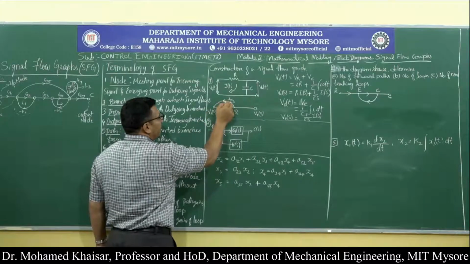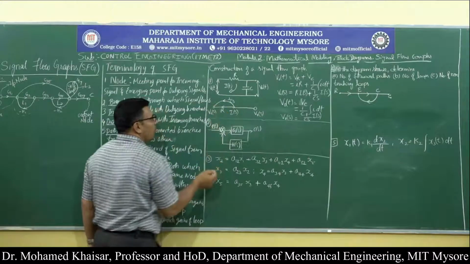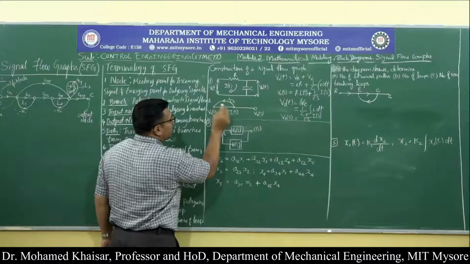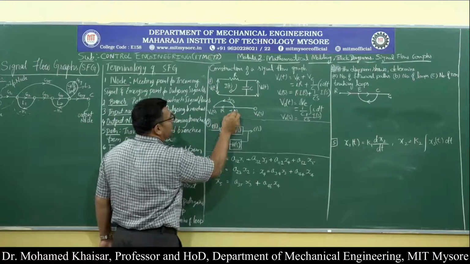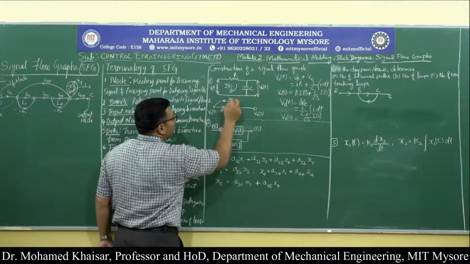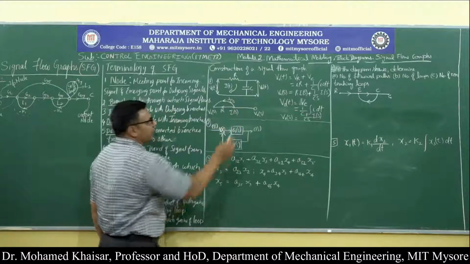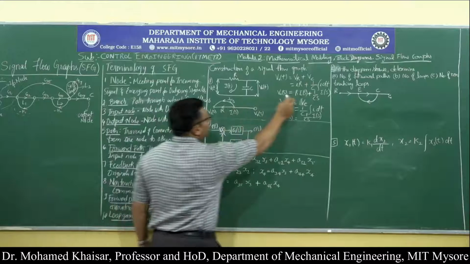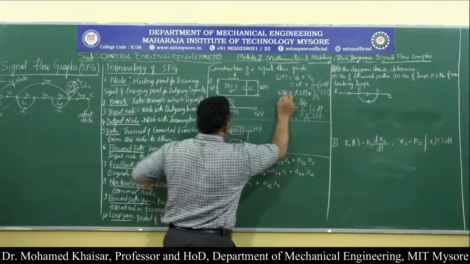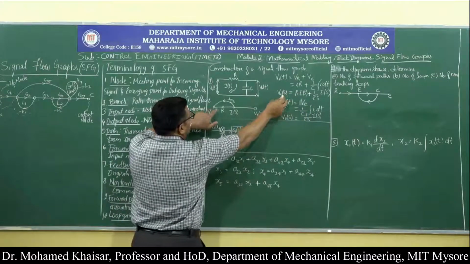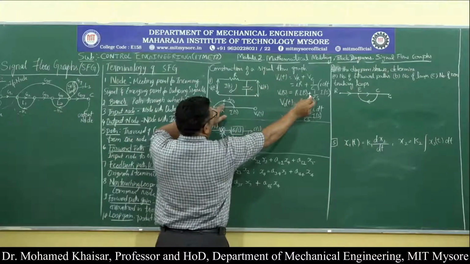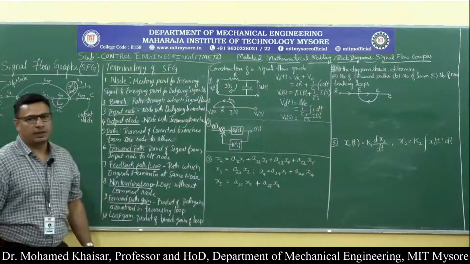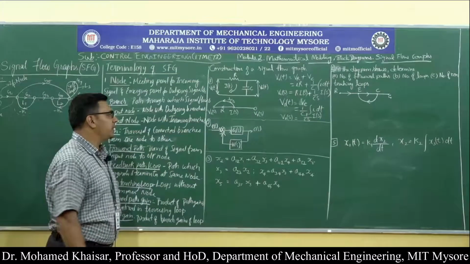Again the direction of the arrow has to be towards Vi of S. Only then can we make out that Vi of S will be equal to R into I of S plus 1 by Cs into I of S. This is what has been written over here. So how did we draw this? From this particular equation, Vi of S is equal to R into I of S plus 1 by Cs into I of S. That is how we have drawn the signal flow graph for this particular circuit.